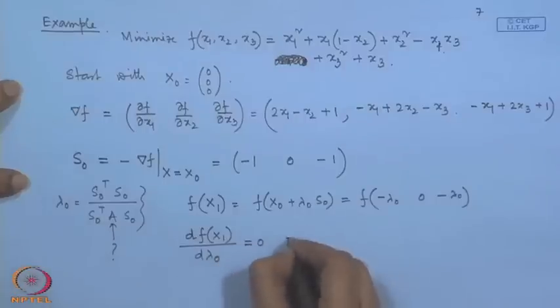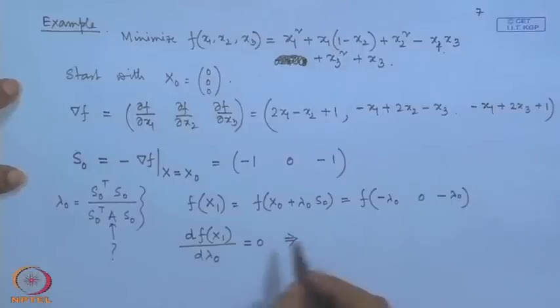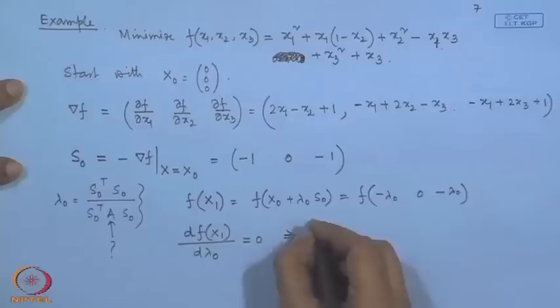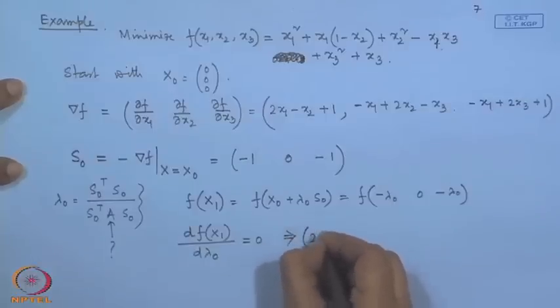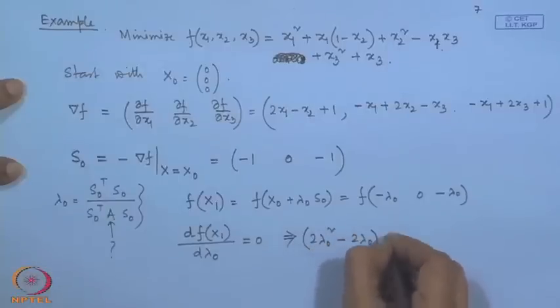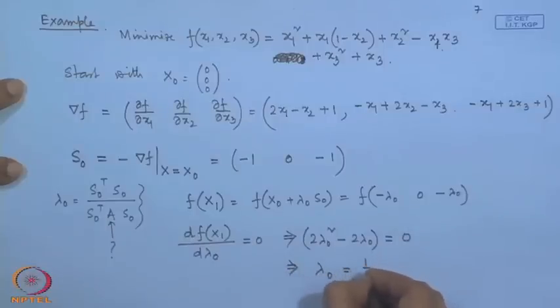That was my basic principle for the steepest descent method, and we have adopted that in our algorithm. Then we get 2 lambda naught square minus 2 lambda naught equal to 0, and this gives the value of lambda naught equal to half.